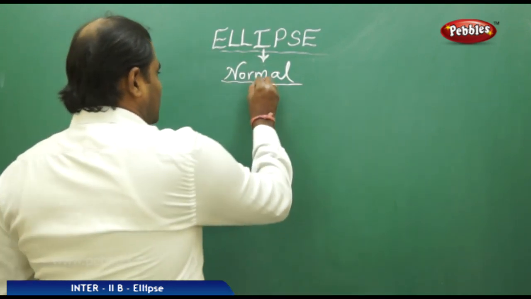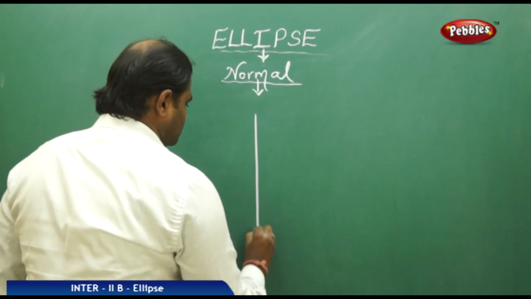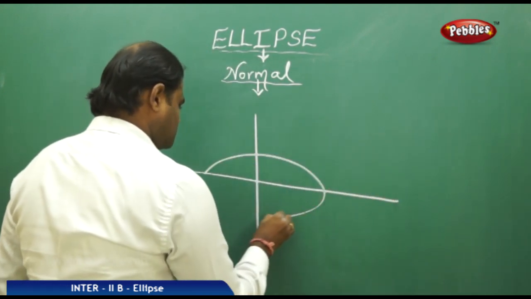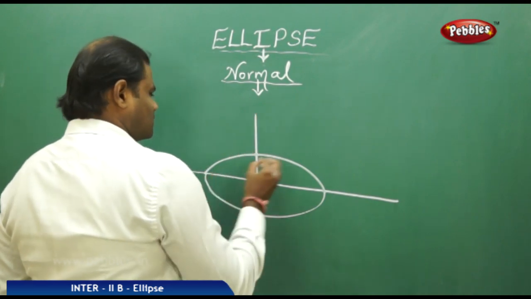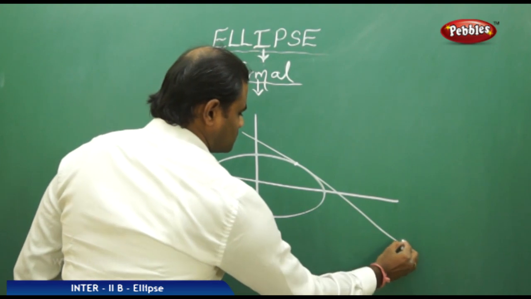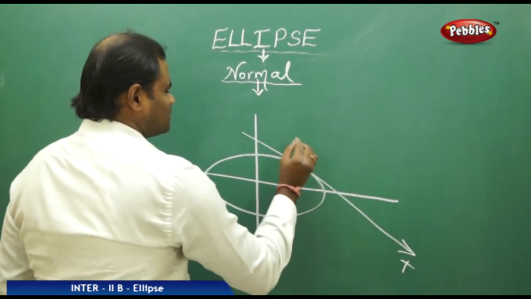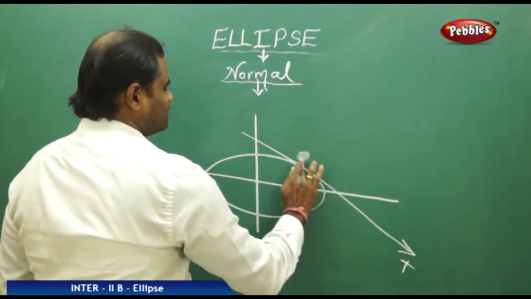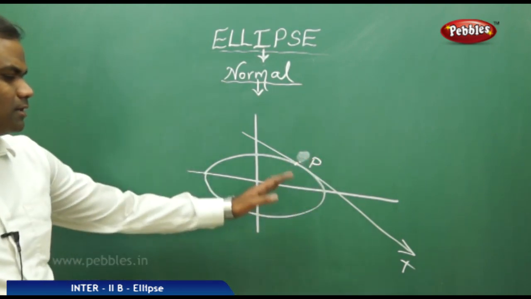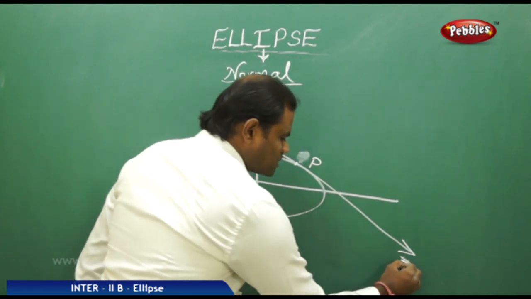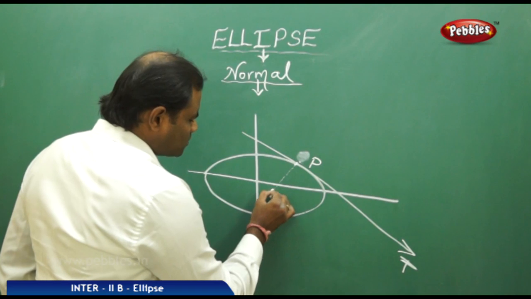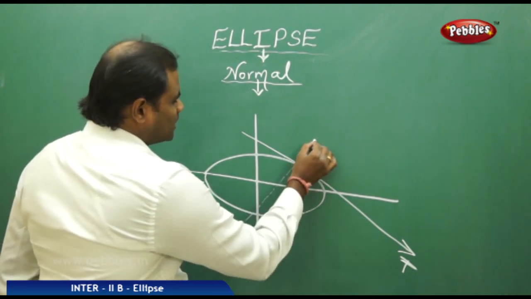Say, for example, I have an ellipse, and I have a tangent at P out here, at the point P. Then the normal is said to be a line which is perpendicular to the tangent and passing through P.